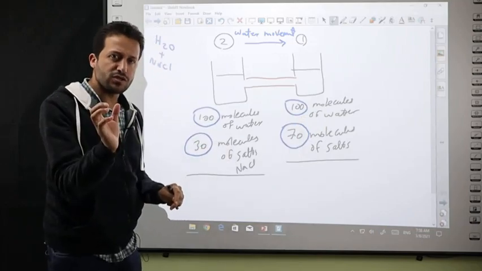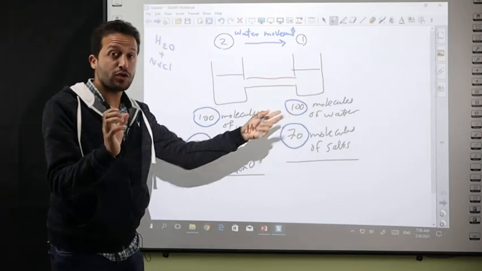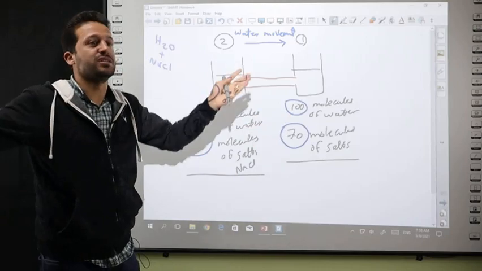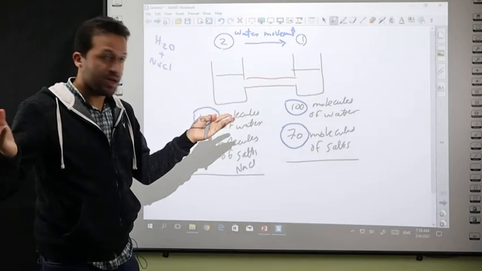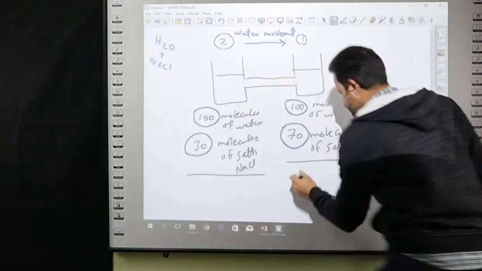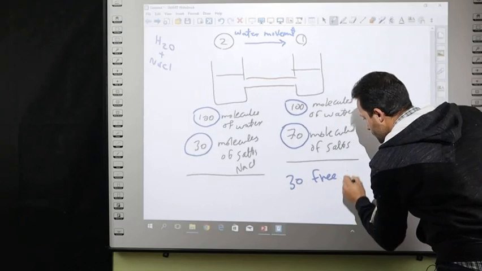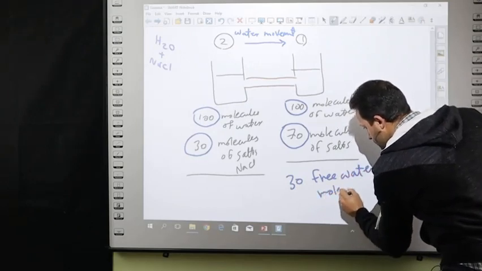So 70 molecules of salt will link with 70 molecules of water. So how many water molecules will be free, not linked to salts? Good. 30 free water molecules.